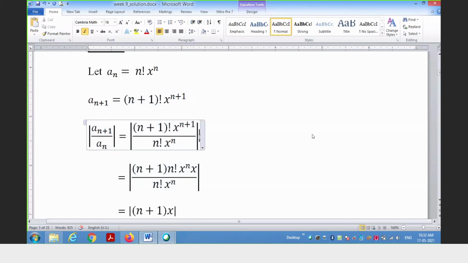It works like this: consider 3 factorial. What is 3 factorial? It is 3 times 2 times 1, but 2 times 1 is 2 factorial.